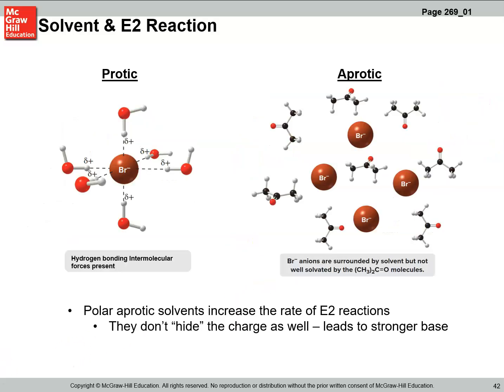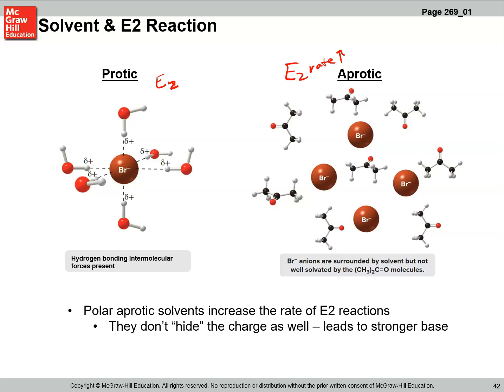So just like in SN2 reactions, for E2 reactions, polar aprotic solvents increase the rate of the E2 reactions. So E2 rate increases.